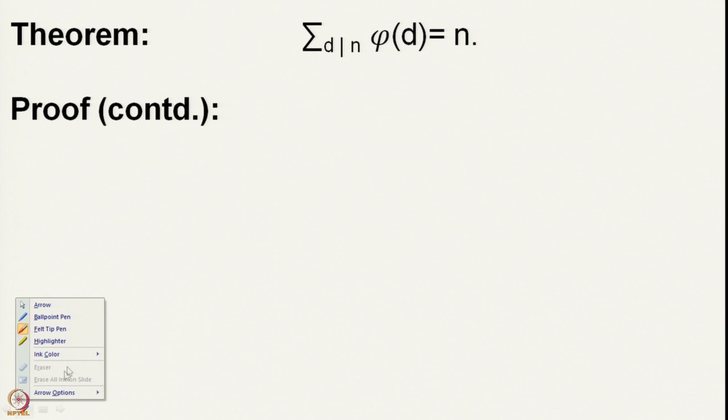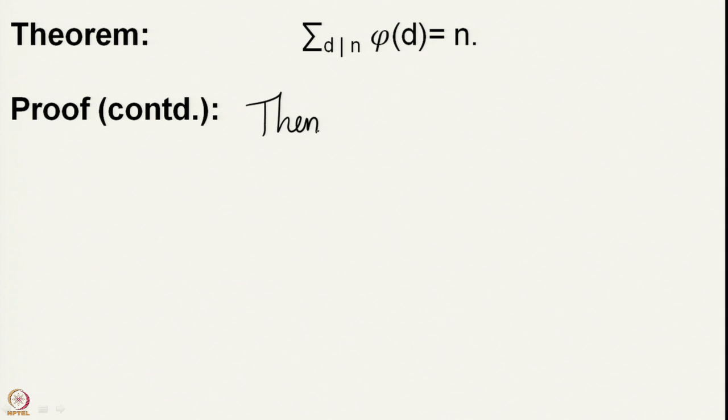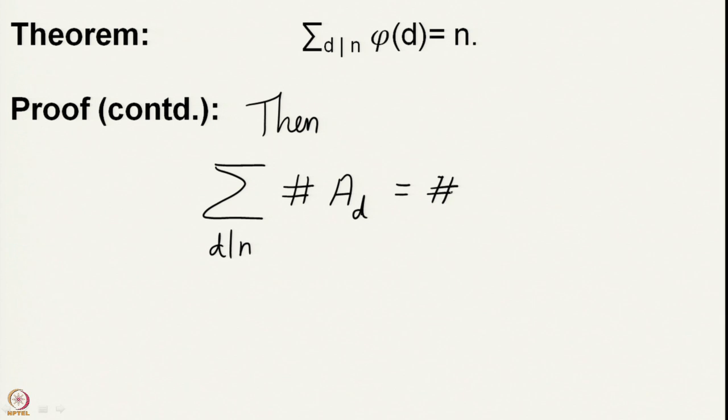So, when you compute the cardinalities, because the union is disjoint, what we get is that summation over d dividing n, cardinality of these A_d is the cardinality of our set Zn, which is n.